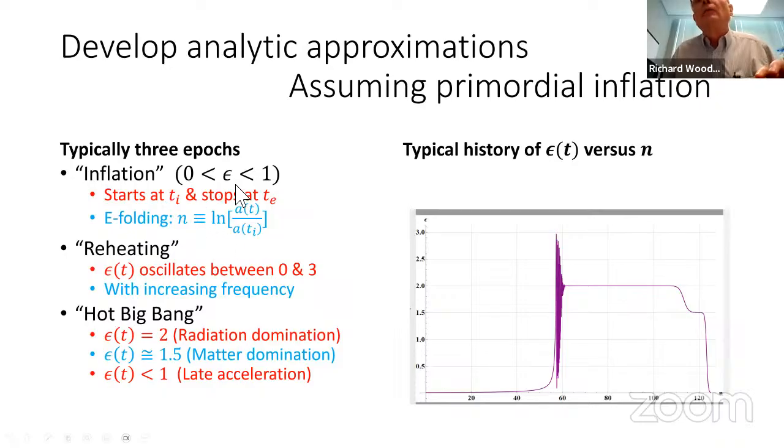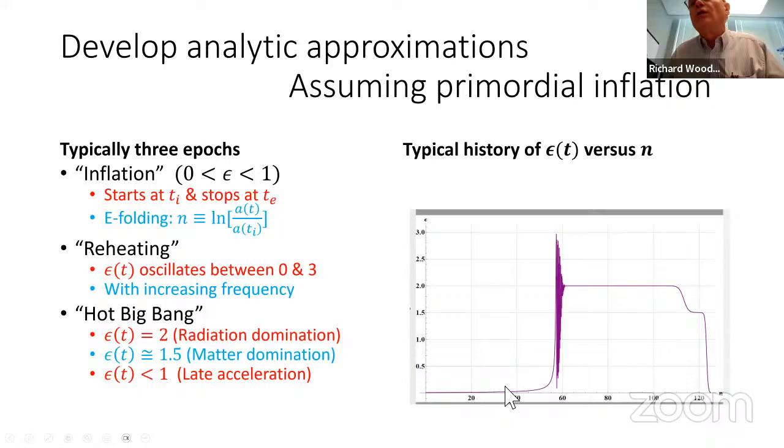I want to develop analytic approximations, written in terms of just the scale factor, little a of t, under the assumption that the universe underwent primordial inflation. Typically there are 3 epochs: inflation, where the slow roll parameter is between 0 and 1, reheating, and a hot big bang later on. A typical, to paraphrase Hawking, brief history of time would be in terms of the slow roll parameter epsilon, and in terms not of comoving time but the number of e-foldings since the beginning of inflation.